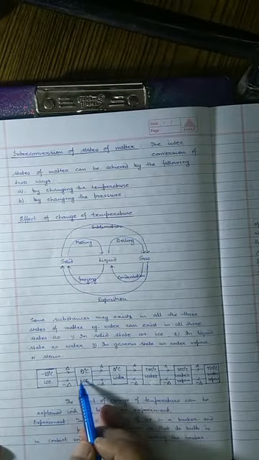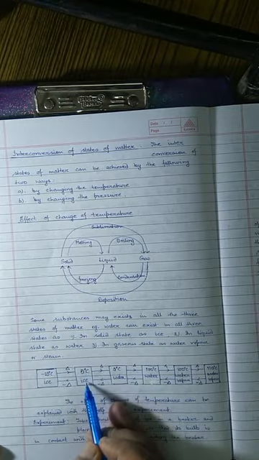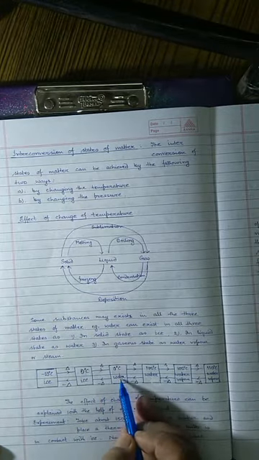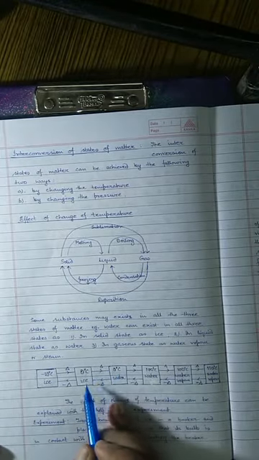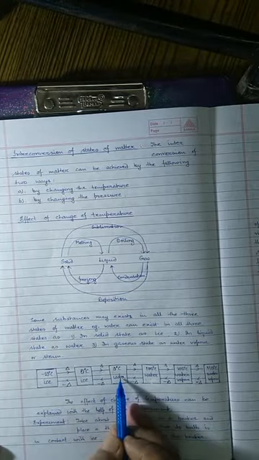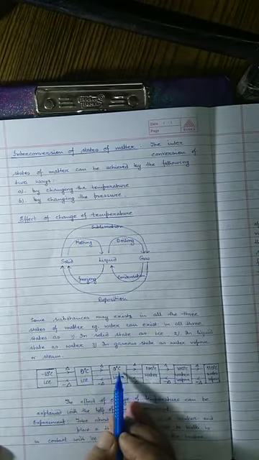Getting? Now if we heat further, what happens? This 0 degrees Celsius ice is converted into 0 degrees Celsius water. There is no change in temperature at this place because the state is being changed, solid to liquid. Due to this change in state, the temperature rise is not seen here.